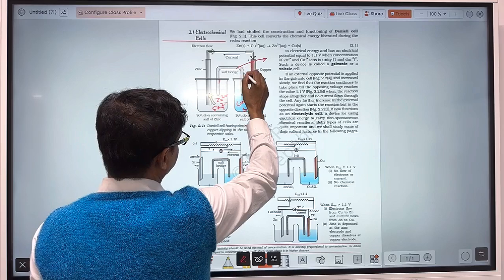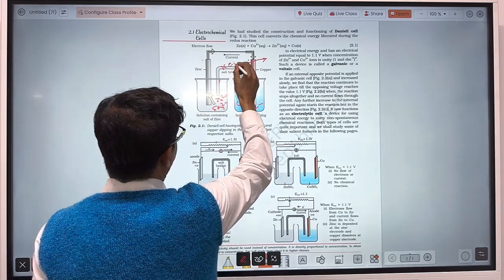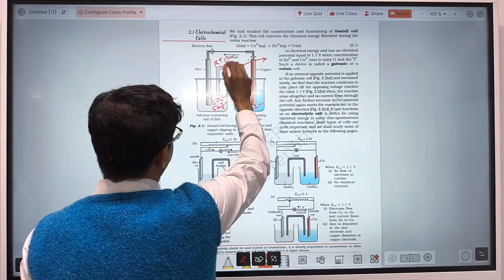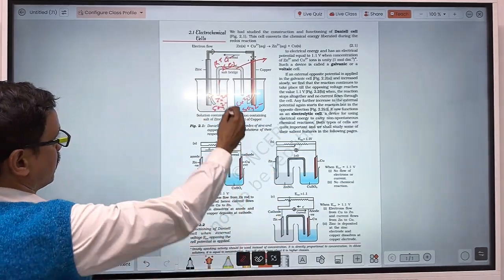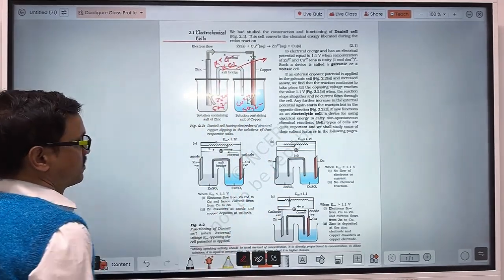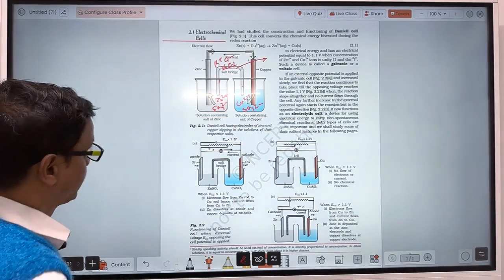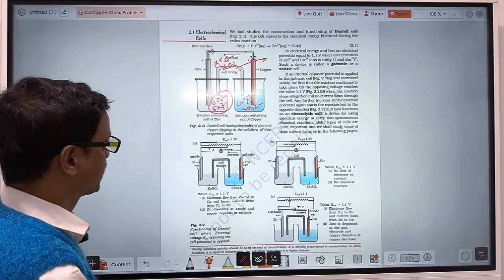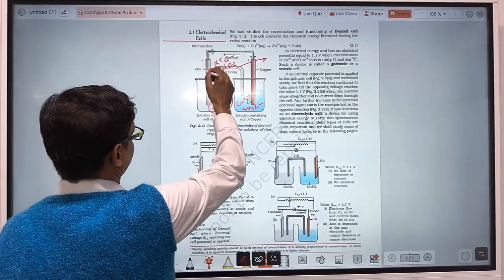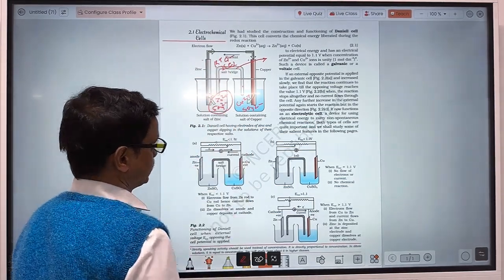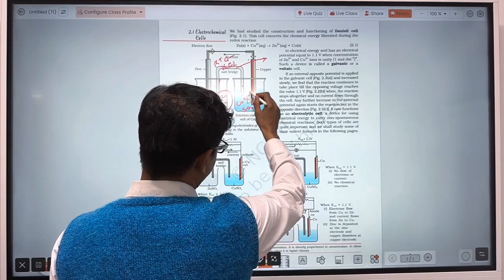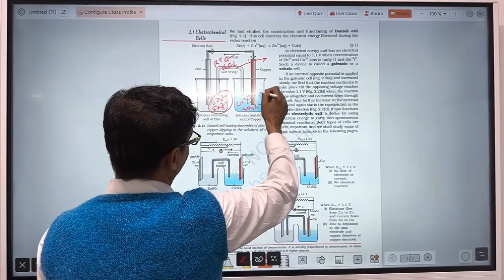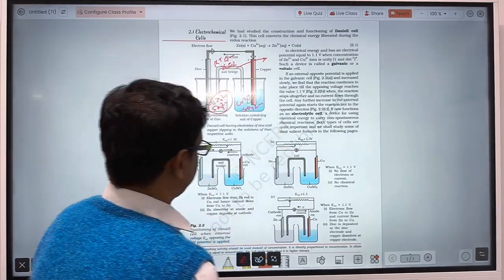Usually inside this salt bridge KCl is taken, which dissociates into K+ and Cl-. In one vessel, the electrolyte ZnSO4 has been taken and a zinc rod has been dipped. In the other vessel, the electrolyte CuSO4 has been taken and a copper rod has been dipped.